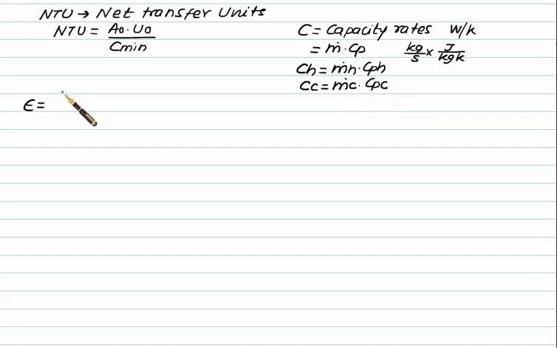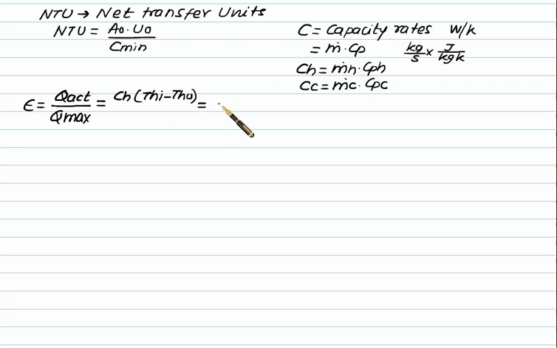Effectiveness is defined as the actual heat transfer divided by the maximum possible heat transfer. The actual heat transfer is given by m dot h into Cph, which is the same as Ch into Thi minus Tho.